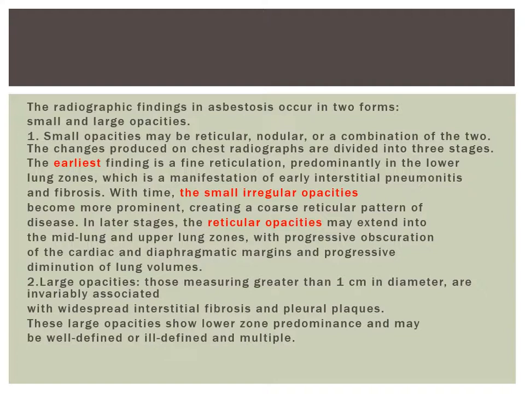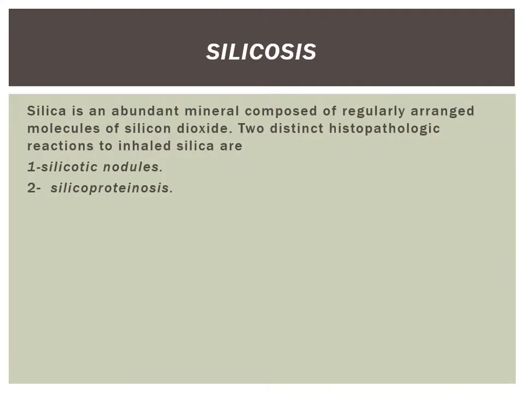These large opacities show lower zone predominance and may be well defined or ill-defined and multiple. The small ones are in the upper and middle zones, the large ones in the lower zone.